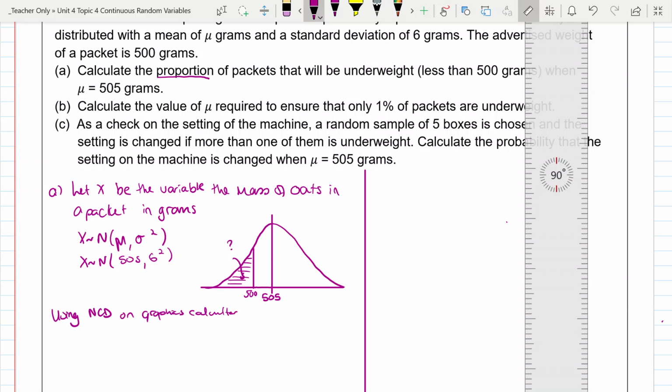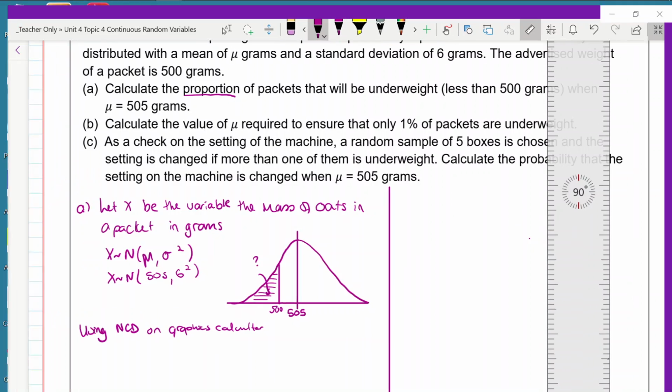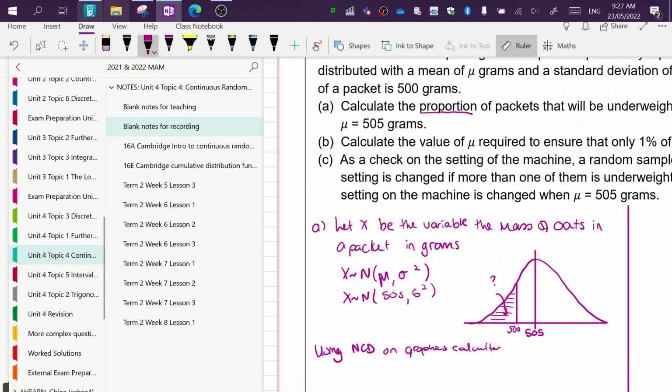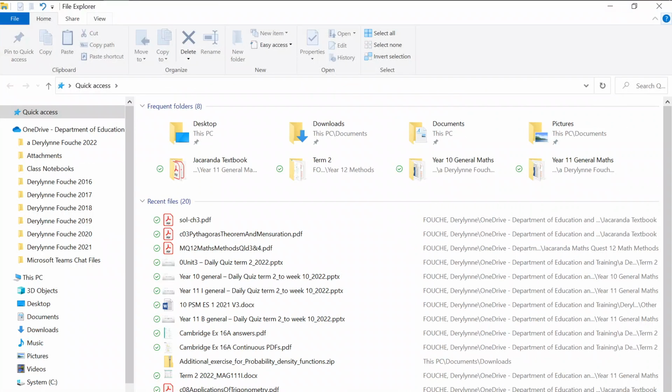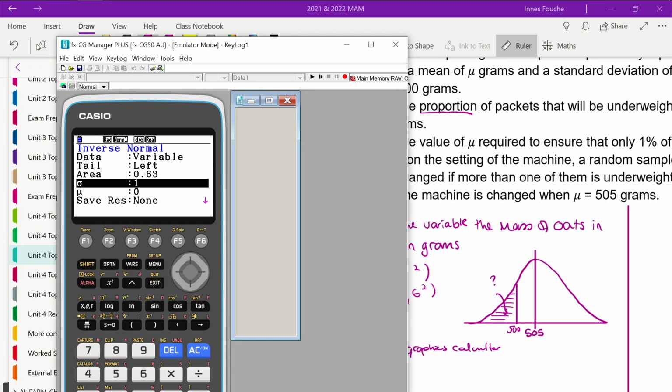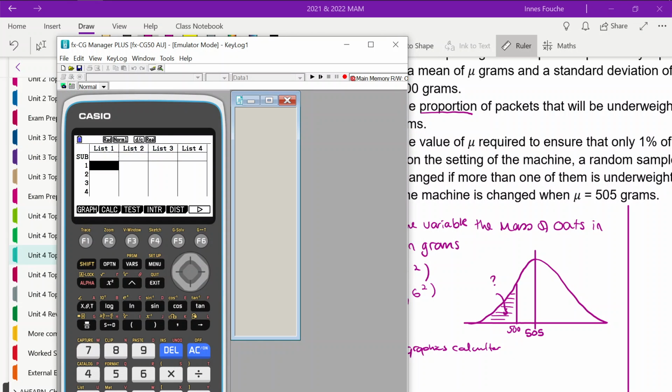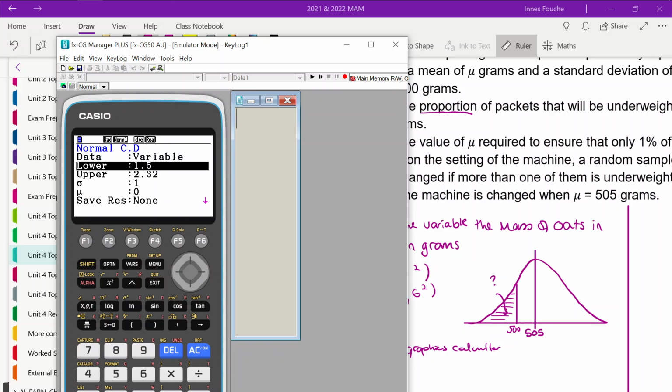And remember, with that one, we've got a lower value of negative infinity. So let's go back to that. We're going to distribution, normal, NCD, and our lower value is going to be negative 1 times 10 to the power of 99.